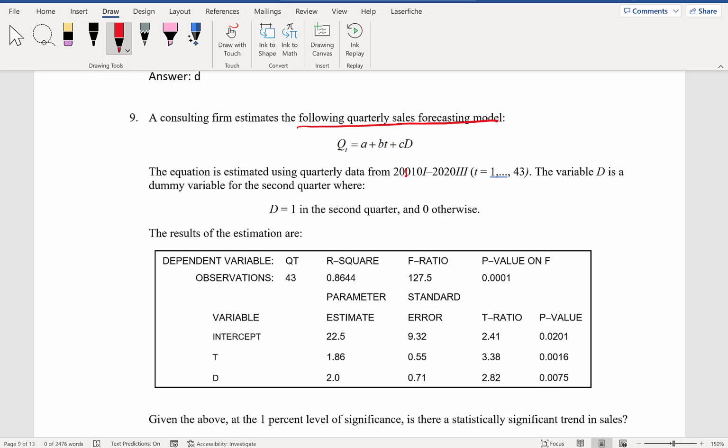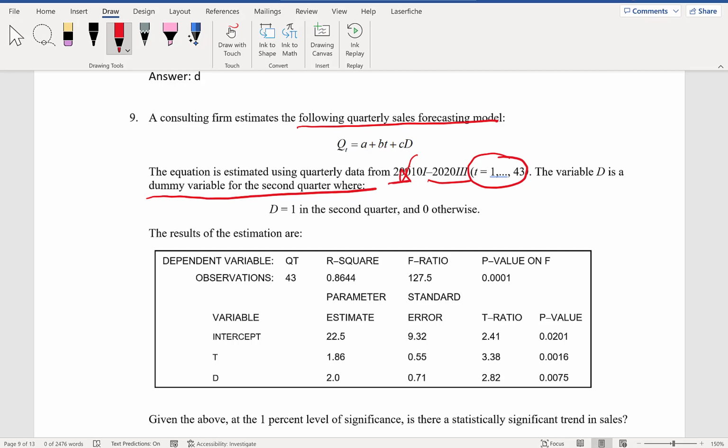So this is supposed to be 2001, first quarter, or is it 2010? Yes, it's supposed to be 2010. There's an extra 0. It doesn't matter for now. In 2020, third quarter, T from 1 to 43. So this T is a quarterly trend variable. The variable D is a dummy variable for the second quarter.